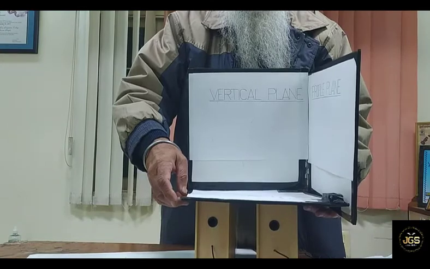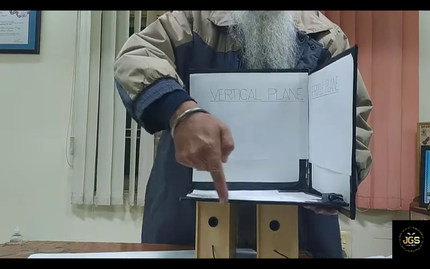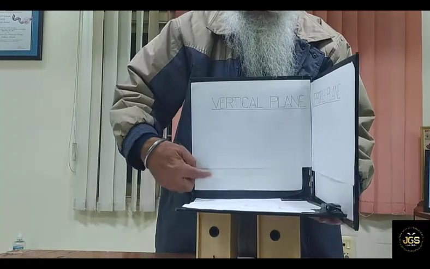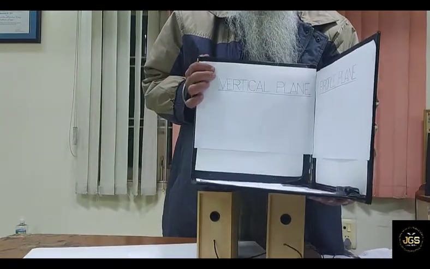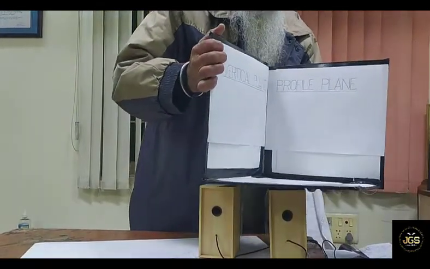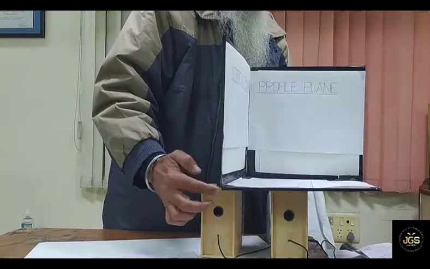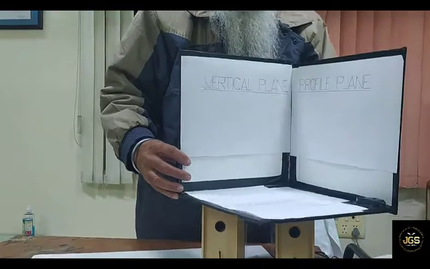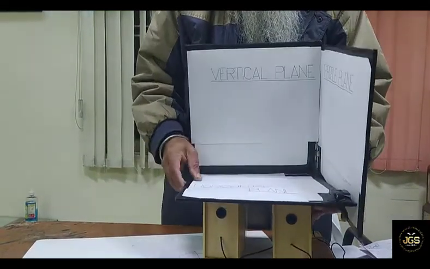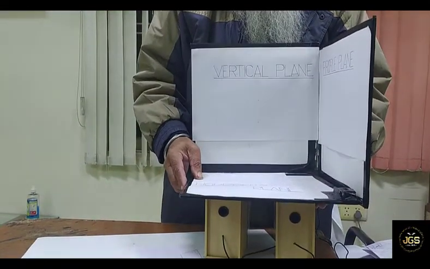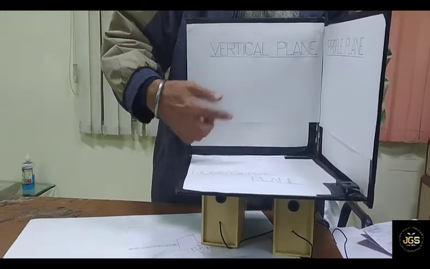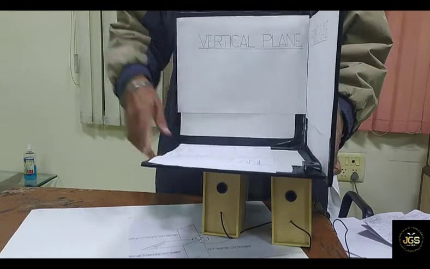For more details, again, this is my horizontal plane, and at right angle to this is my vertical plane. You can see over here, these are both at right angles, and at right angle to horizontal plane as well as vertical plane, this is my third plane.